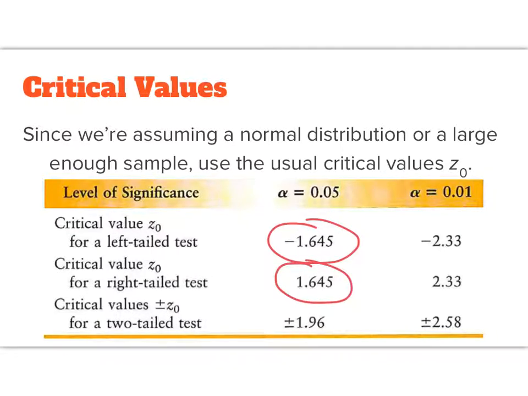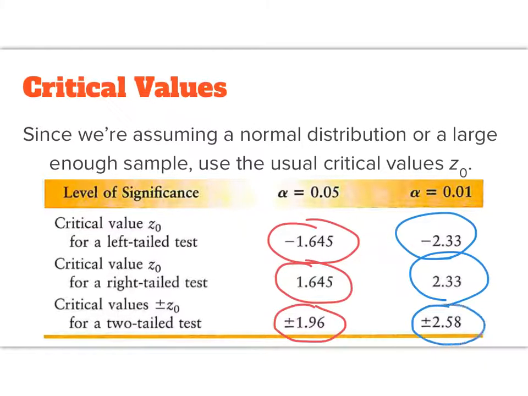And for a two-tailed test, it's plus or minus 1.96, numbers we've already been working with. For a 1% level of significance, the one-tailed tests have z sub 0 of negative or positive 2.33, and for a two-tailed test, plus or minus 2.58.